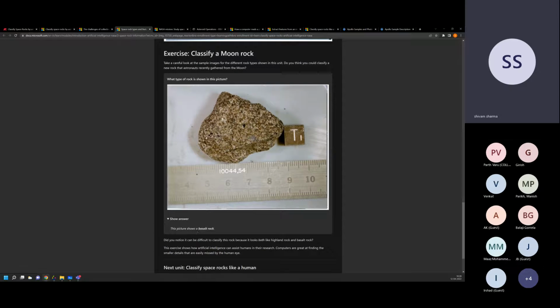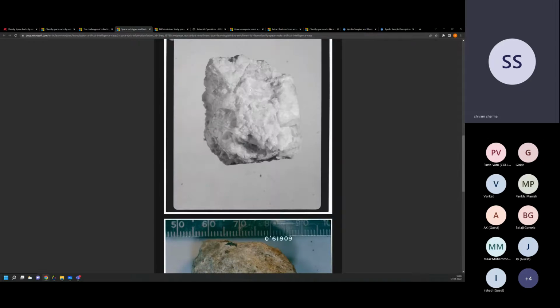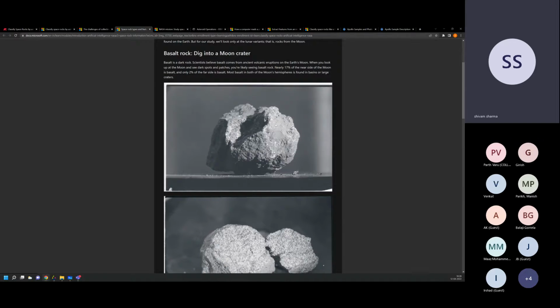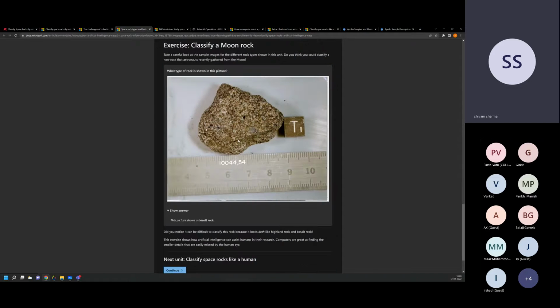This is basically the basalt rock. As human beings, we can compare this with the previous ones, looking at the size, color combination, structure, texture, and the edges, and extract those features to classify the rocks accordingly.